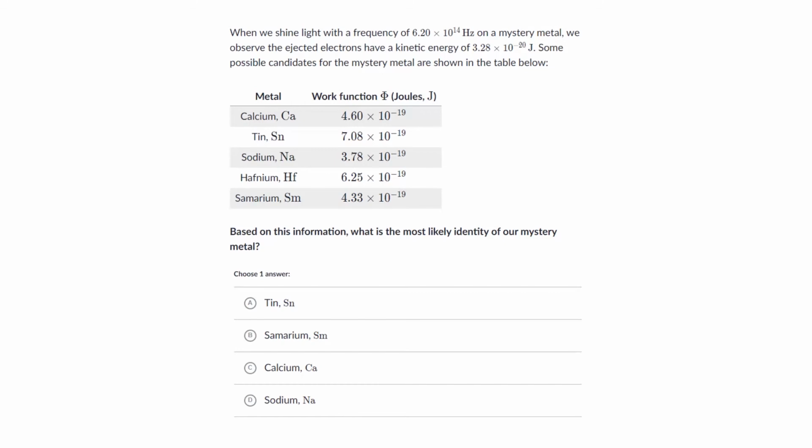In order to identify our mystery metal, we have to find the work function. Since we know the frequency of the incident light and the kinetic energy of the photoelectrons, we can find the work function of our mystery metal using the following equation. Energy of photon is equal to hv, which is equal to kinetic energy of electron plus work function.